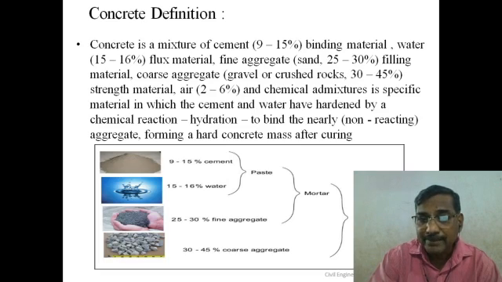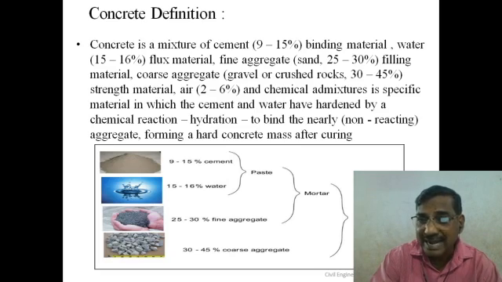So concrete is a mixture of cement, which is a binding material, generally 10 to 15%. Water is a flux material which holds all the ingredients in a homogeneous form to form a uniform mass, that is concrete.